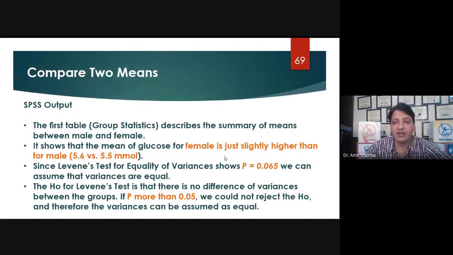You can quote the mean difference also, and directly write that the test was found not significant, and we are not able to reject the null hypothesis. Here the null hypothesis says that the means of both groups are similar. Clear?